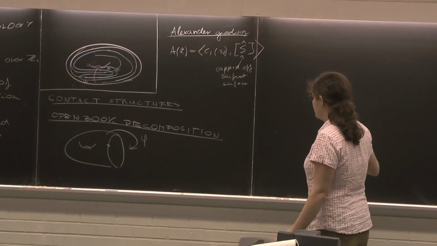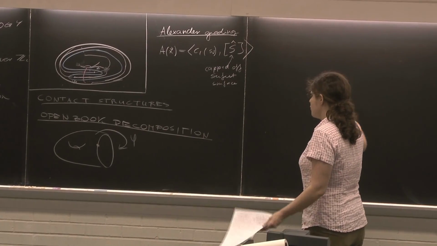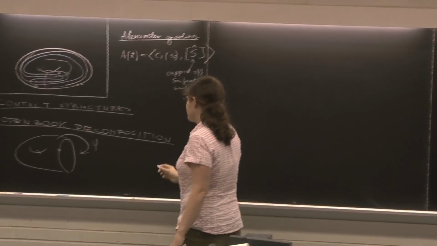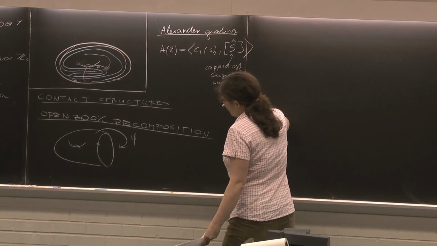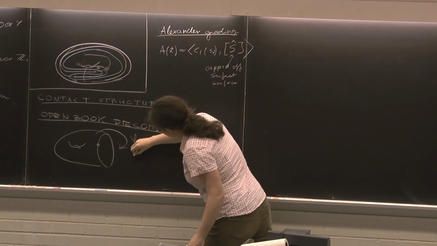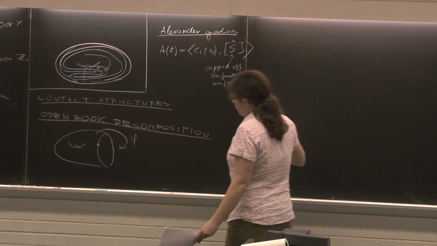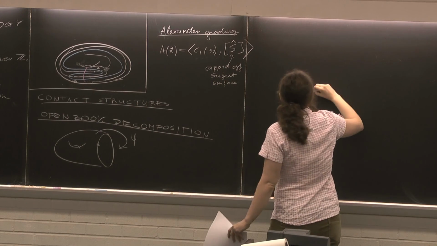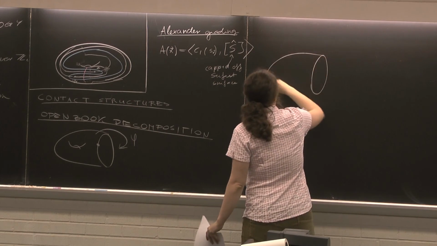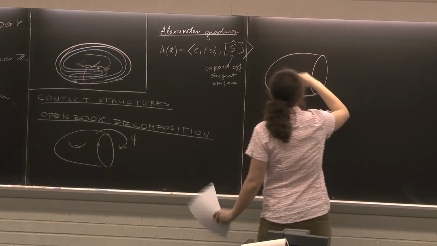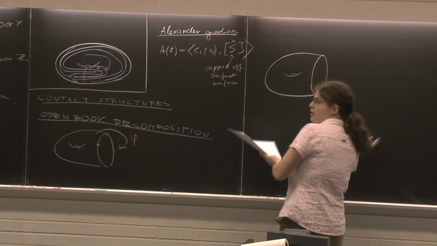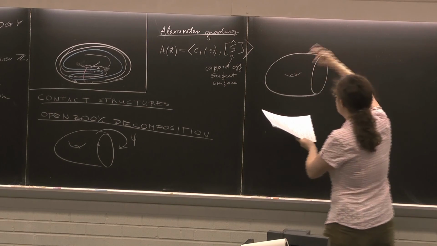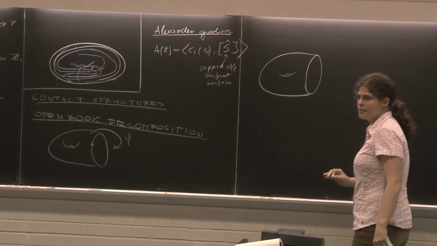And then let's see what we have here. So if I have an open book decomposition, here is my open book decomposition. And when I form this mapping torus, it's an S1 family of these surfaces glued to itself by the monodromy.